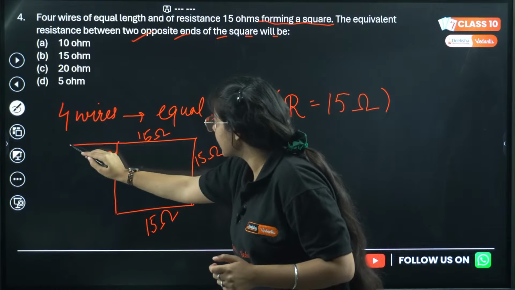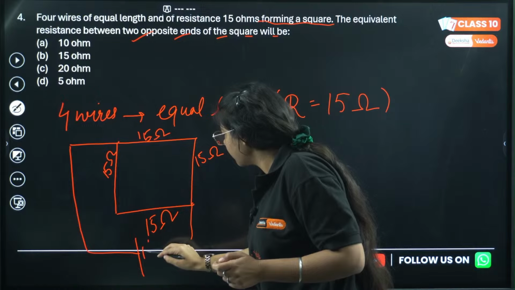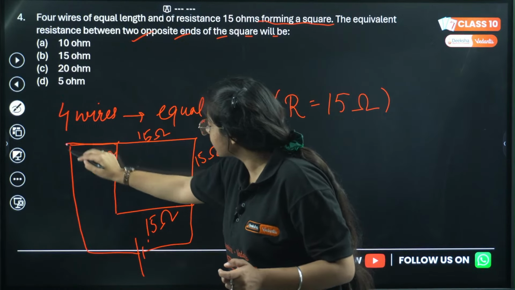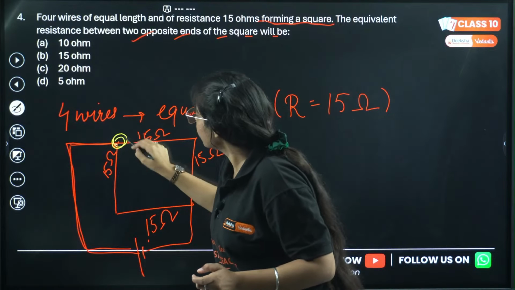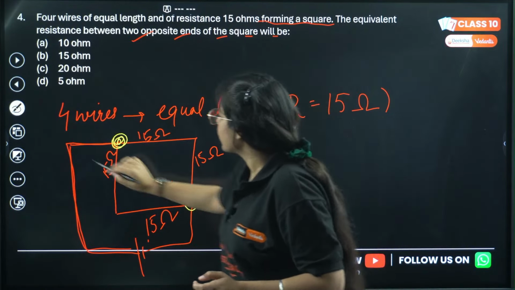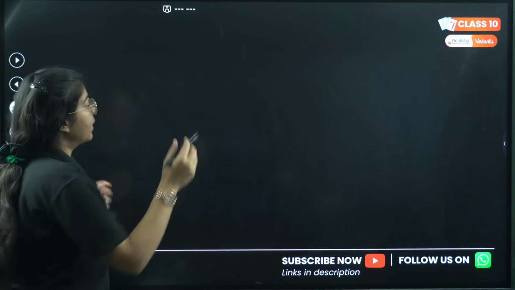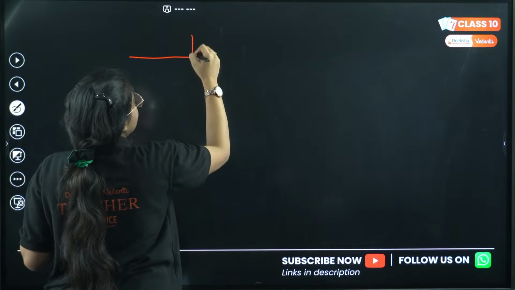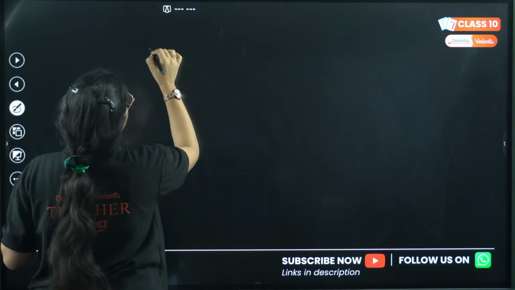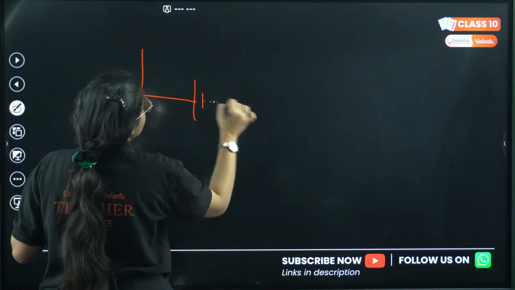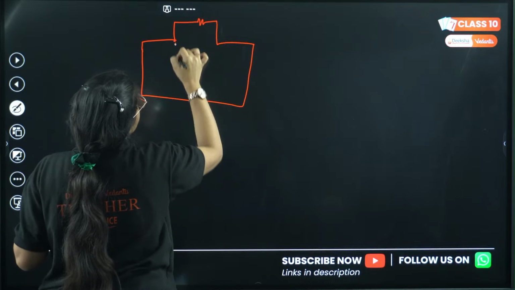So between this end and this end, if we attach a battery, we need to see the resistance between these two ends. Okay. So if I redraw the diagram, can I make it something like this? If this is, let's say, my circuit, can I make it something like this? Correct?